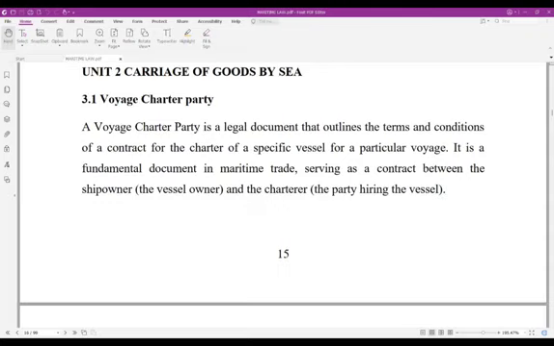It is a fundamental document in maritime trade, serving as a contract between the ship owner, that is the vessel owner, and the charterer. The charterer here is regarded as the party hiring the vessel.